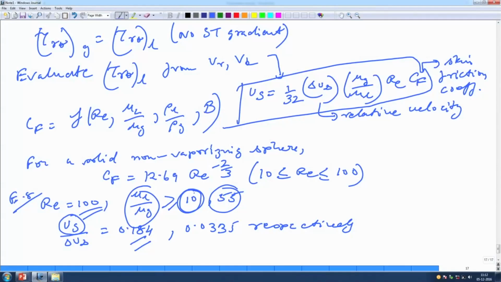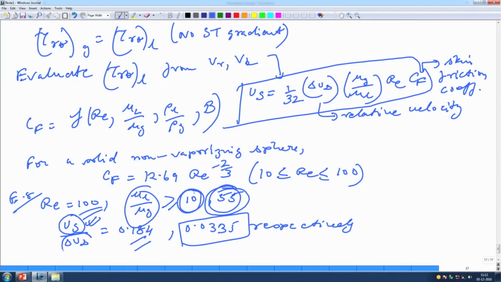On the other hand, as we increase the viscosity ratio to 55, that means the liquid phase perhaps has become a more viscous fluid, say for example, a glycerol water mixture, something like that. You will find that the velocity US, for the same velocity in the external phase, is a much lower number, only about 3.5%.